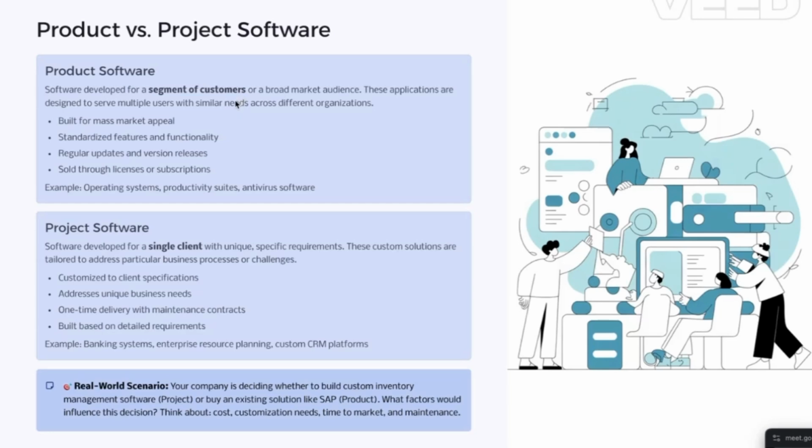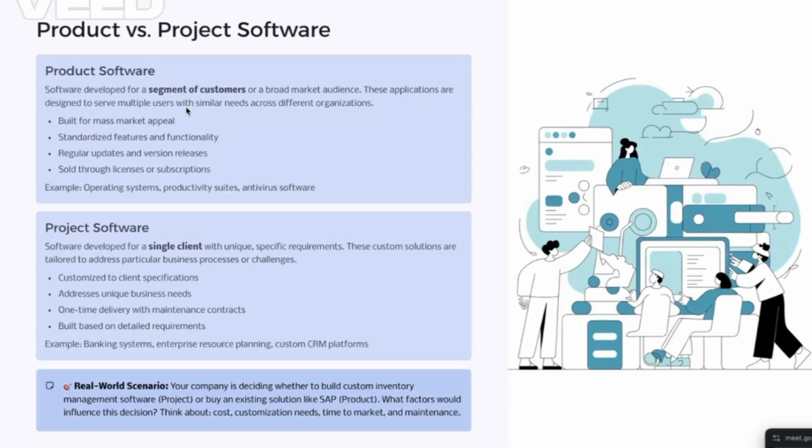Just like the examples that you quoted, even Facebook is a product software, because it's a larger segment that is using that product. It is not created according to the specific needs of a particular person or a particular company or team. Okay, it is based on generic requirements.